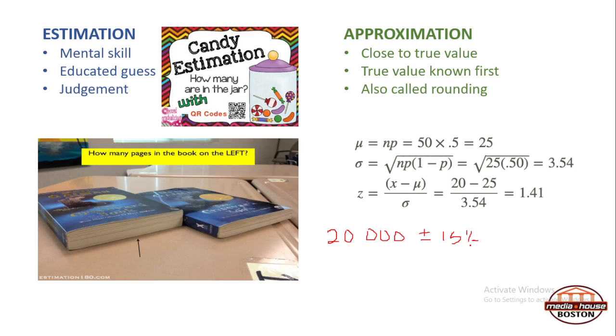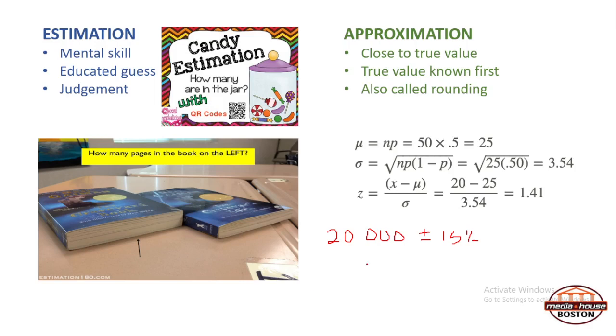This gives us the positive accuracy of approximation, that it can go up by 15%, so we add that 15% to the 20,000. Or we can multiply 20,000 by 15% and subtract it from the 20,000. That value will be the lowest value we could expect.